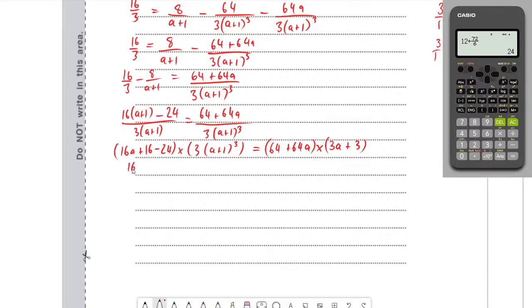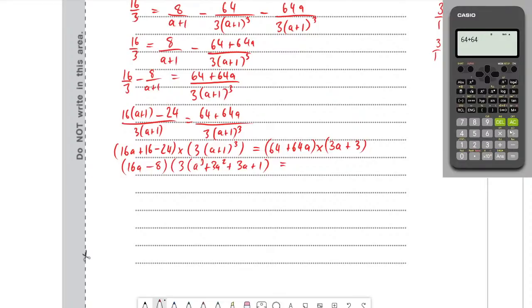Okay, so we've got 16a minus 8, 3 lots of that. If I expand this side out, what do we get? This is just such disgusting numbers. If this works out, I'm actually going to cry a bit and then I'm going to go to bed.